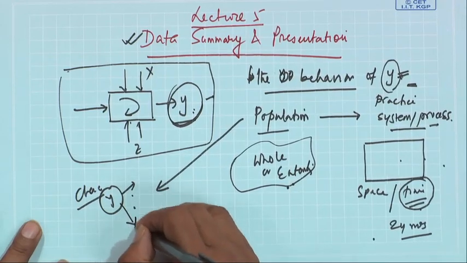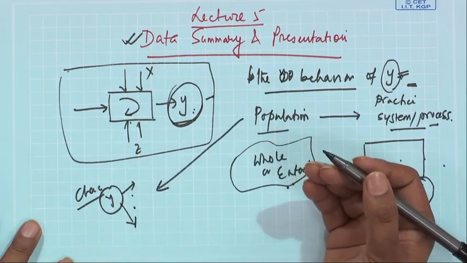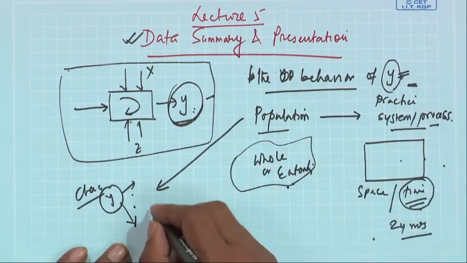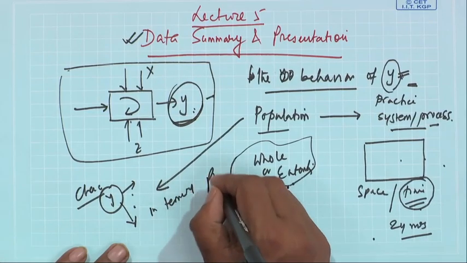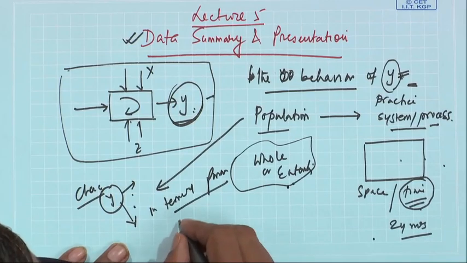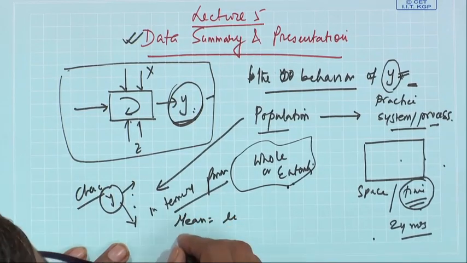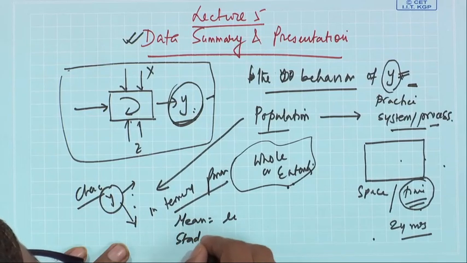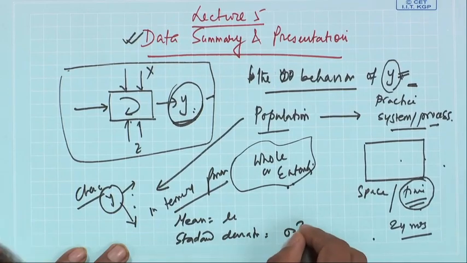These characteristics can be summarized in terms of parameters. So, what are those parameters? Parameters can be the mean and standard deviation, sigma.